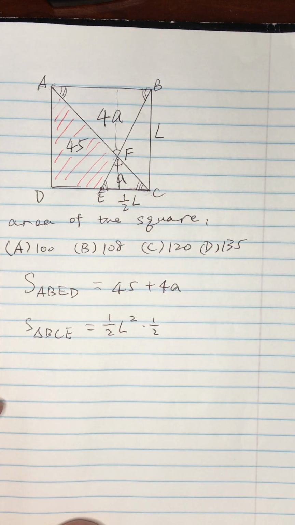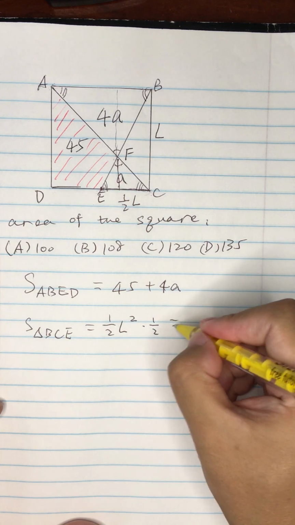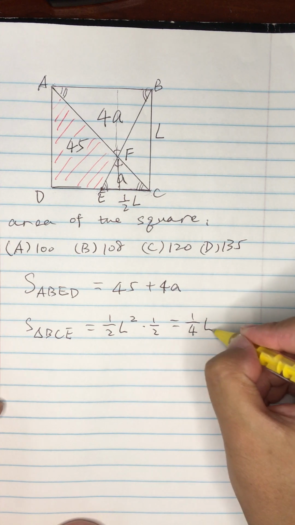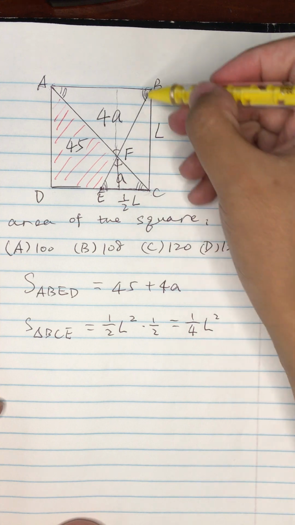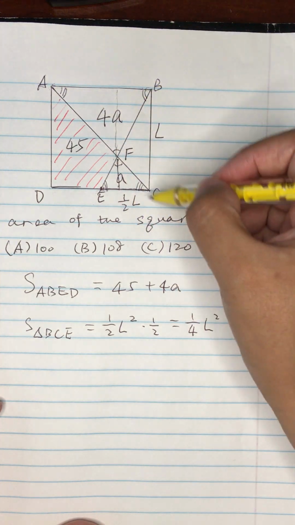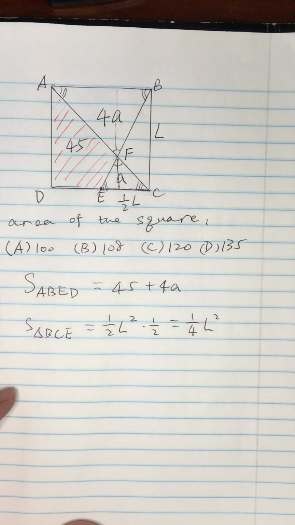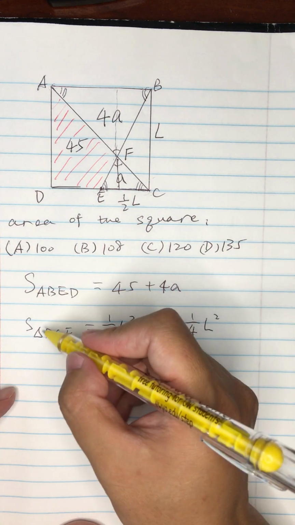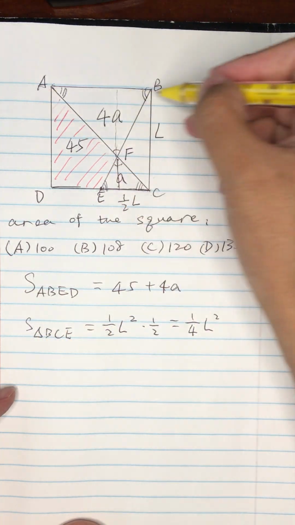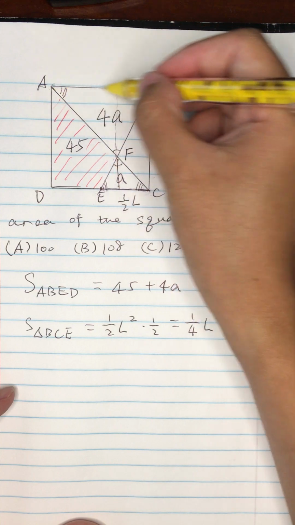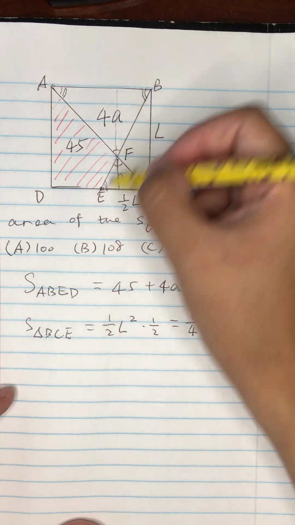That's the area formula for triangles. So it's going to be 1/4 L squared. L squared is the area of the entire square.